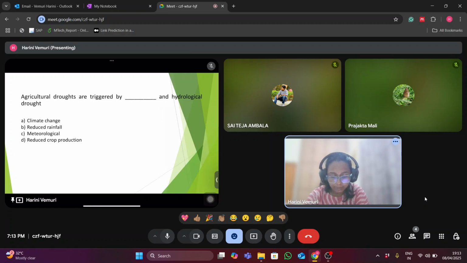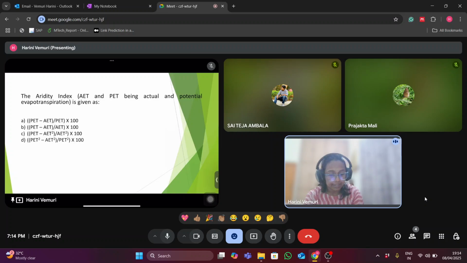Option A, climate change. Option B, reduced rainfall. Option C, meteorological. Option D, reduced production. So agricultural droughts are triggered both by meteorological and hydrological drought. That means we see reduction in precipitation, and also reduction in water levels in the water resources like rivers, reservoirs, etc.